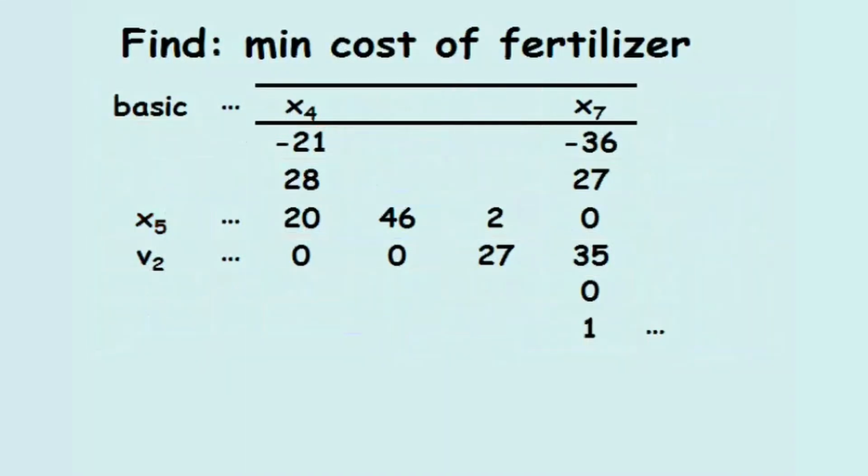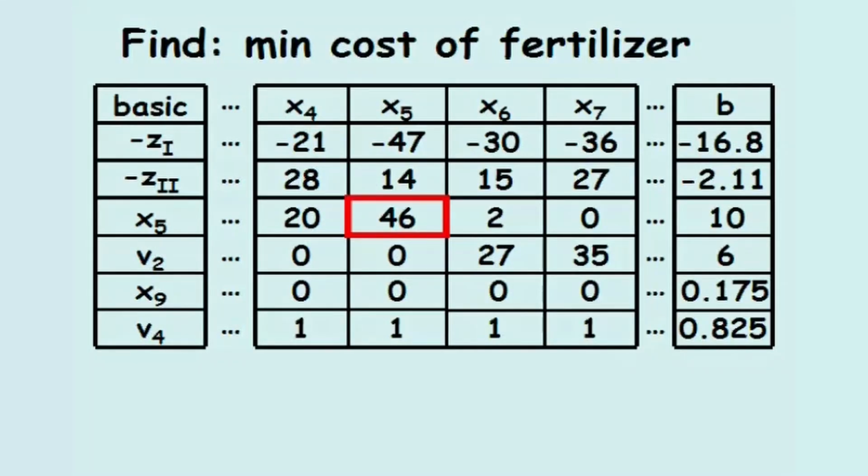For this iteration, pivoting about variable x5 involves dividing row x5 by 46, adding 47 times row x5 to row z1, subtracting 14 times row x5 from row z2, and subtracting 1 times row x5 from row v4.